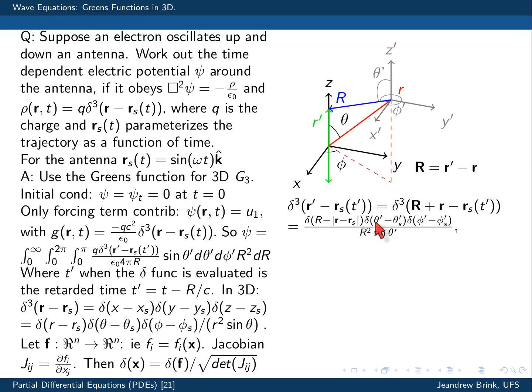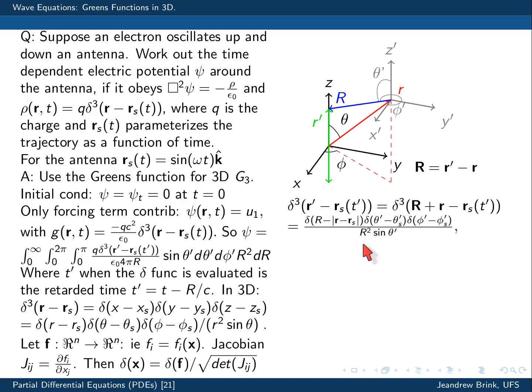Theta prime must be such that r points to a point along this line, because that's the only place at which the argument of your integral is non-zero. And phi prime must be equal to phi s. Then, in order to get it exactly correct that the particle is somewhere, we add this factor of r squared over sine prime. So this is what this three-dimensional delta function actually becomes in terms of coordinates.